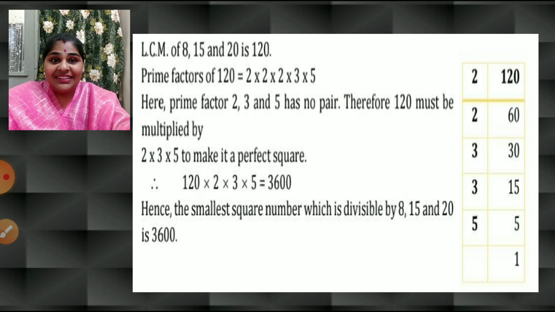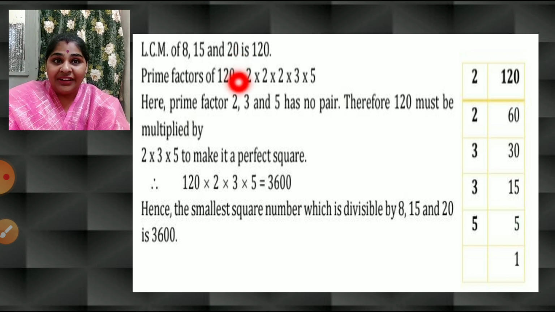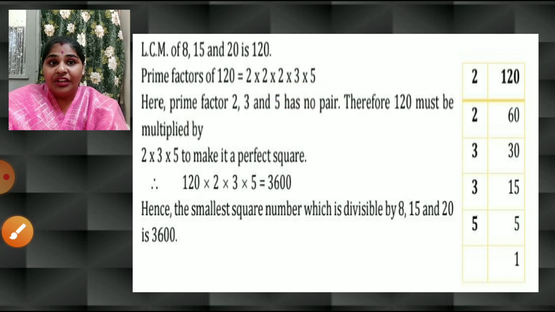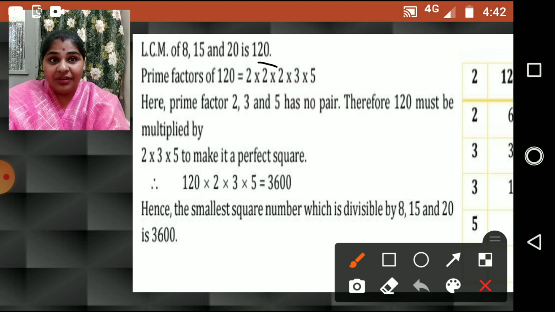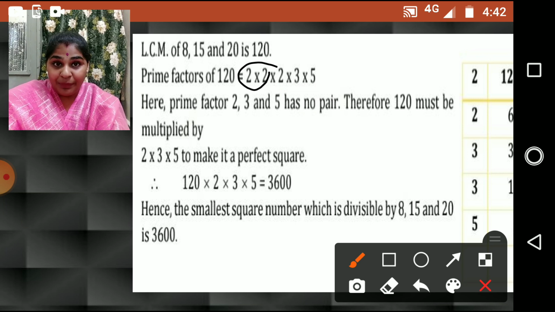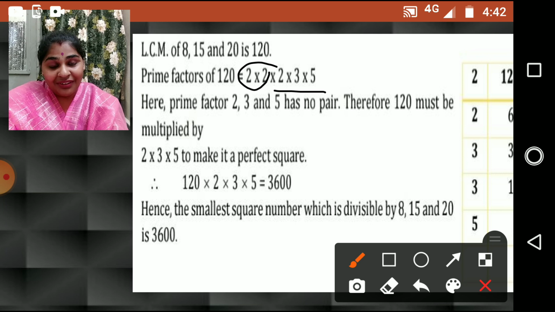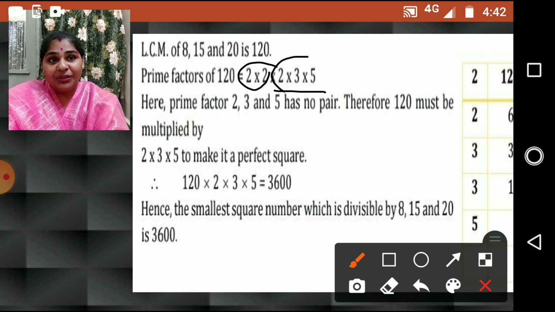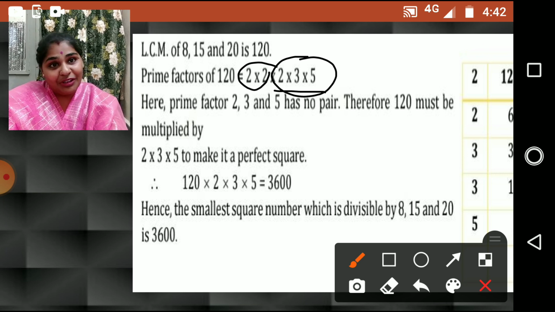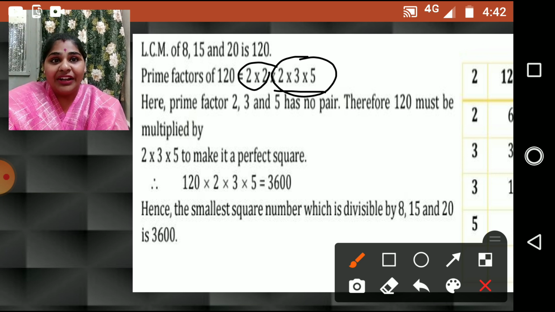Now you can see here the factors are 2 into 2 into 2 into 3 into 5. Now if I start pairing the similar numbers, there will be one pair of 2 and 2, and 2, 3 and 5 are alone. So whatever the leftover, alone numbers are, we are going to multiply to 120.